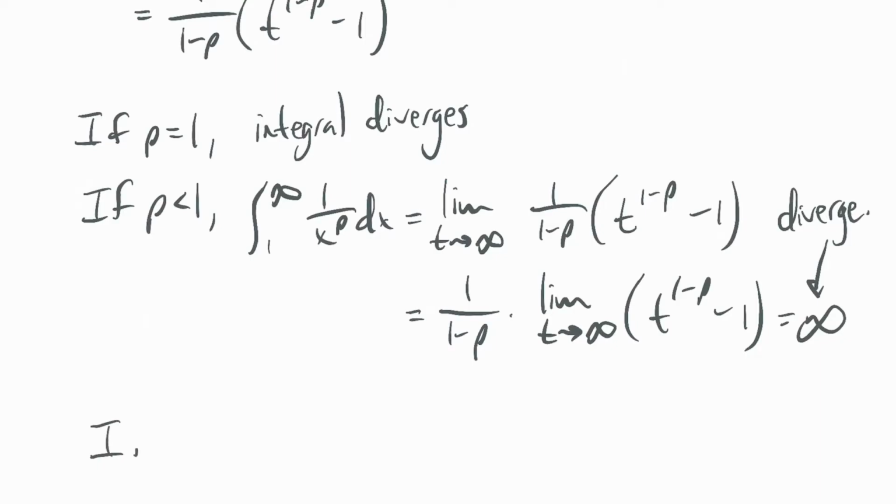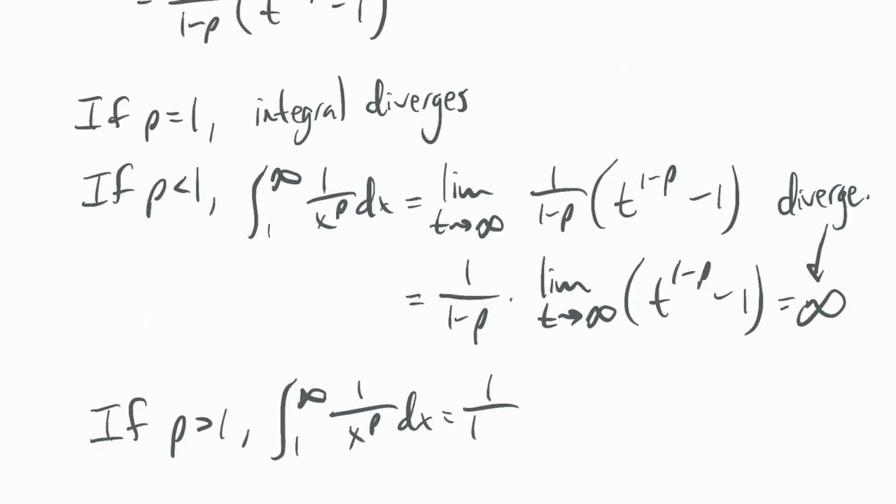However, if p is greater than 1, then the integral from 1 to infinity of 1 over x to the p power dx equals 1 over 1 minus p times the limit as t goes to infinity of t to the 1 minus p power minus 1.